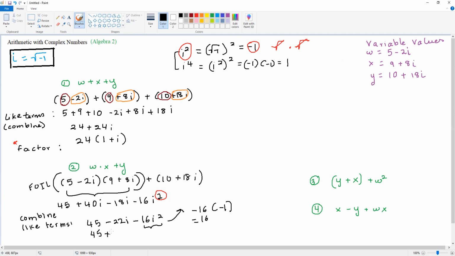It's going to be plus 16. Because this negative 1 cancels with the negative 16, and we're going to get minus 22i, which is in turn equal to 61 minus 22i.